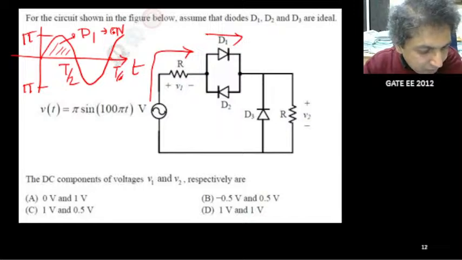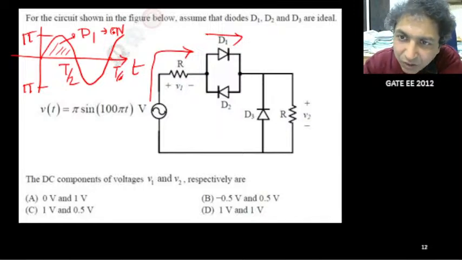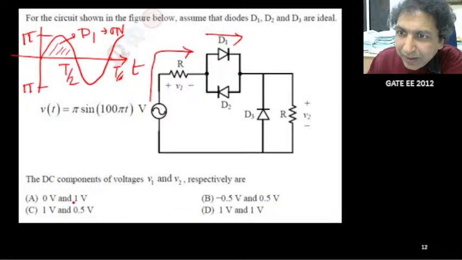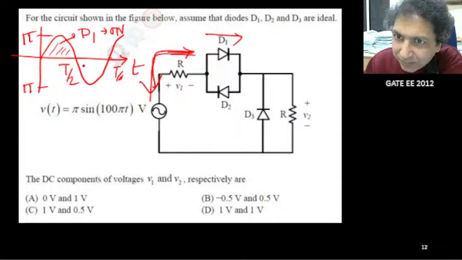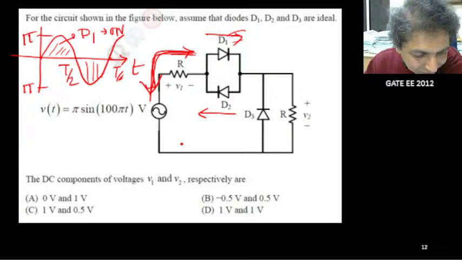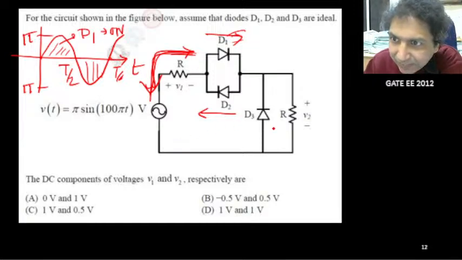Good, Shivam. It is good that D1 is on for the first half cycle. And in the second half cycle, what will happen? At that time the current could be in the opposite direction, no? So if I reverse this for the negative half, the current should be like this, and that current will be supported by D2 as well as D3.